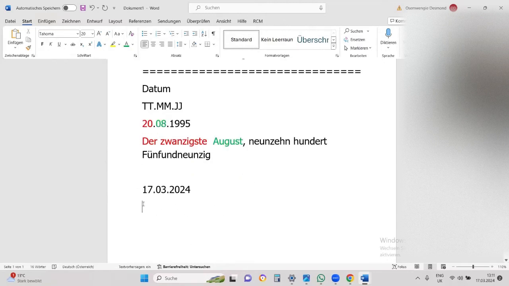Of course, this 17 should then be TE. Ja, 17. März. Das Umlaut, der Quadrator. 2024. Yeah, so as easy as that.